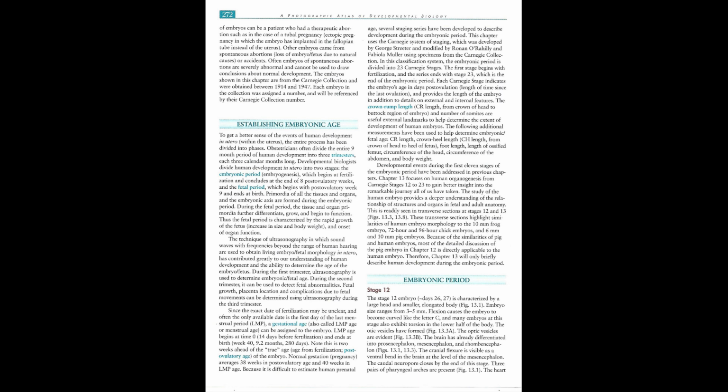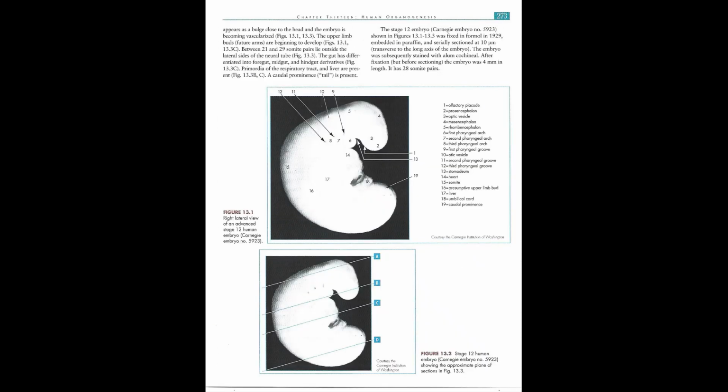3 pairs of pharyngeal arches are present, Fig 13.1. The heart appears as a bulge close to the head and the embryo is becoming vascularized, Figs 13.1, 13.3. The upper limb buds, future arms, are beginning to develop, Figs 13.1, 13.3c.